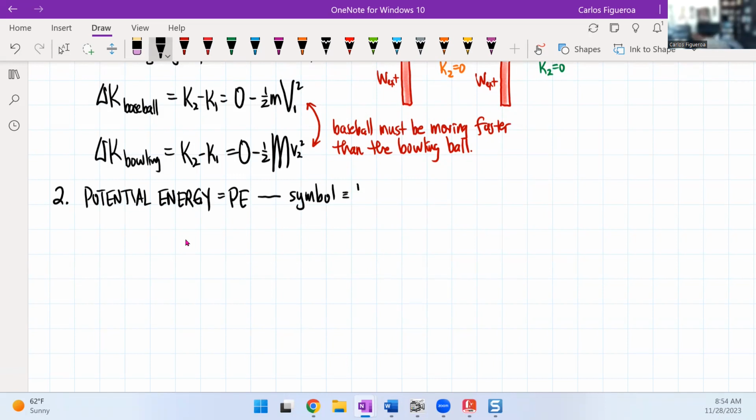Symbolically, we write it with the U, and that is pretty universal. Potential energy is a much more challenging concept than kinetic energy, so we have to be careful with that language.